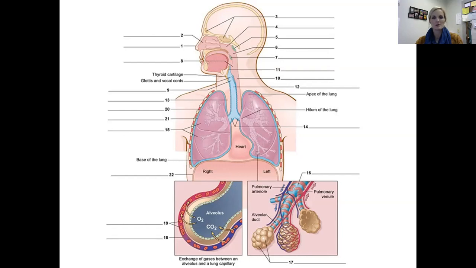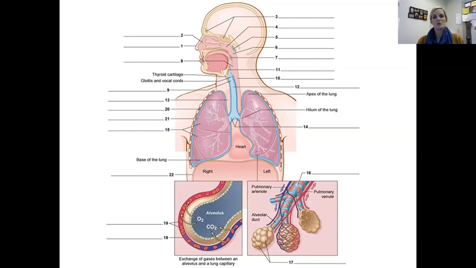We'll talk about this in the PowerPoint today too, and about the importance of the mucous membrane inside the nasal cavity, which helps to trap debris, with the addition of what I'm going to label for you guys here in number three, which helps to warm and moisten air as air passes into our respiratory system. So number two is the nasal cavity.